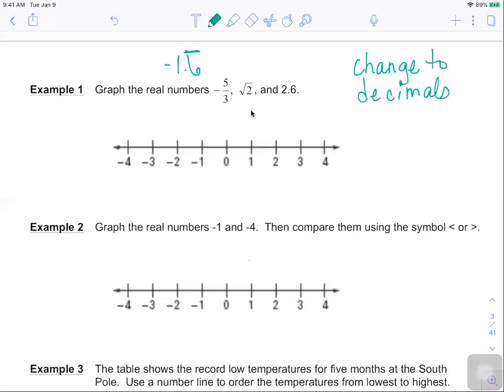What is the square root of 2 as a decimal? Someone else want to give me an answer for that? I know you can be brave. Peyton, can you be brave for me? Do you know what the square root of 2 is as a decimal? 1.41. Thank you. I appreciate you volunteering, or me volunteering for you. All right, so that's what those numbers are.